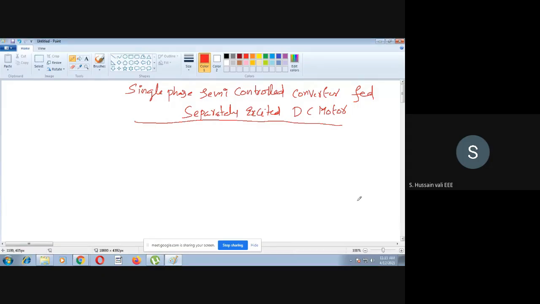See, that was the discussion. So let us just recall the circuit diagram here.